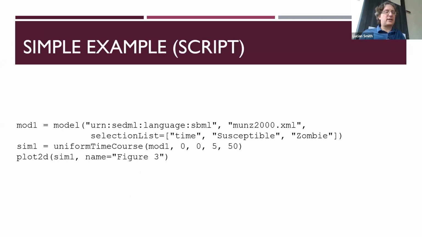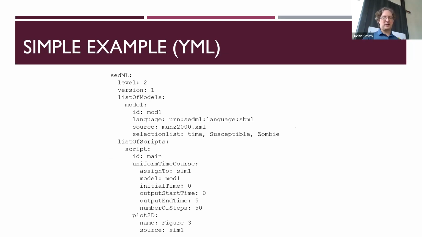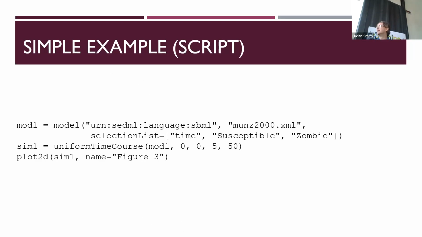So this is an example of a script form of a really simple example. This isn't what you would actually store, but the other thing I could show you is this, which is a little more awkward to know what's going on. I define a model, call it mod1.